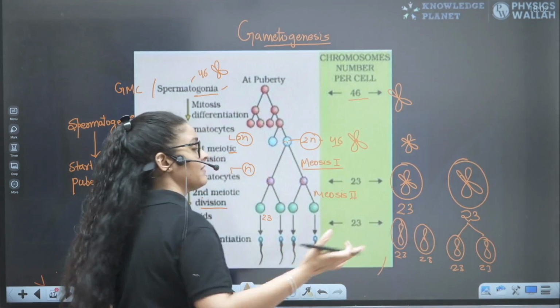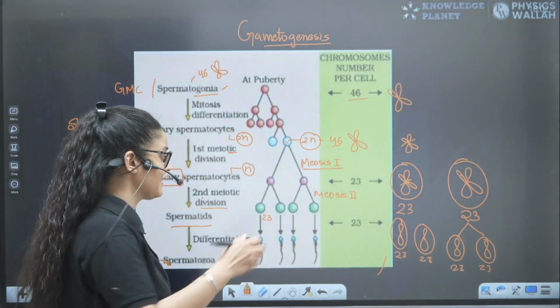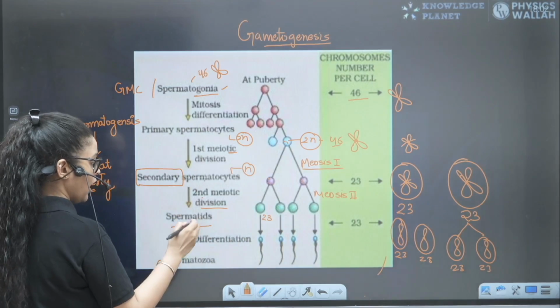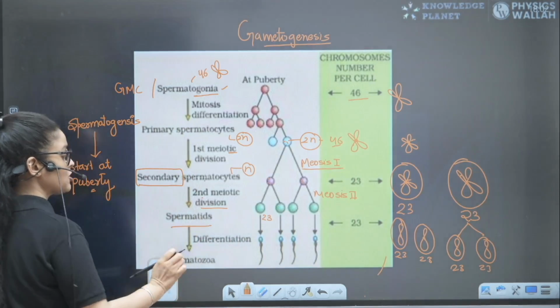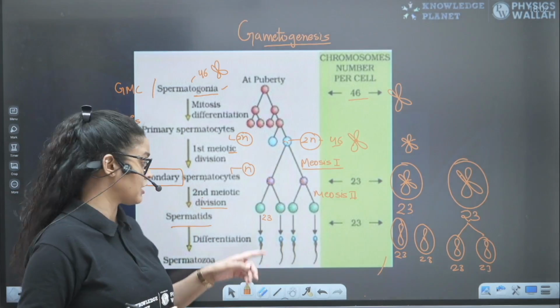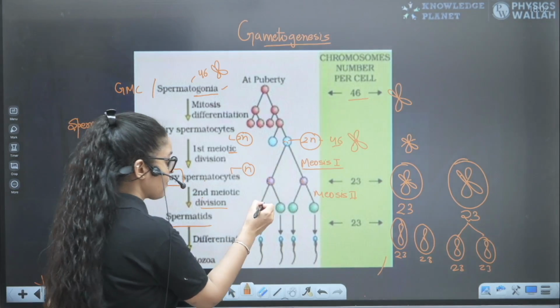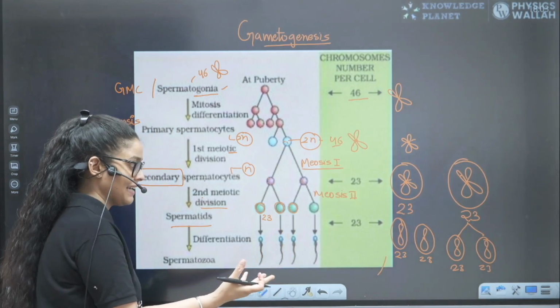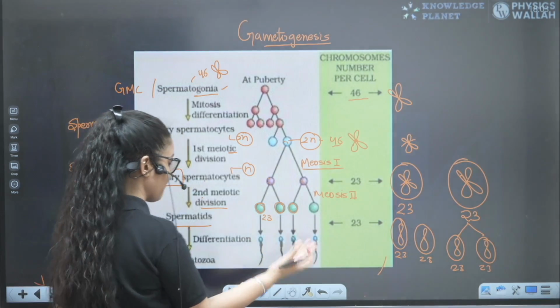Now they will get differentiated this way, right? Spermatids have 23 chromatids in them. Now the spermatid will undergo many changes, because a spermatid is spherical, round in shape, and non-motile. It doesn't have a head and tail, so it will differentiate.